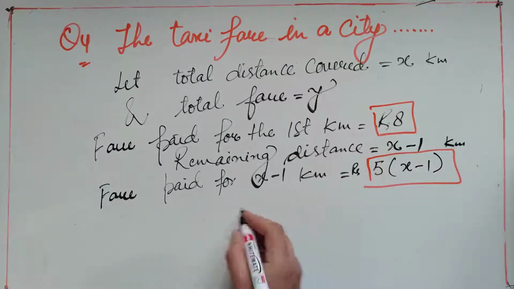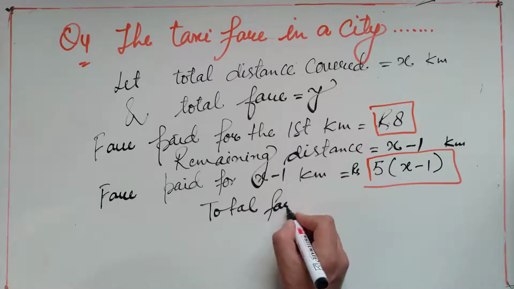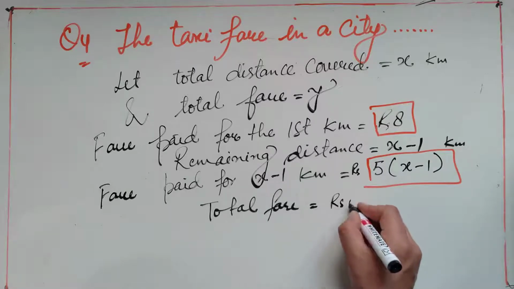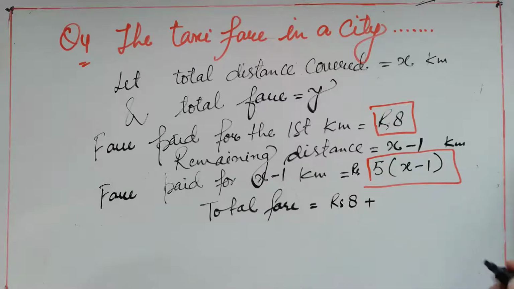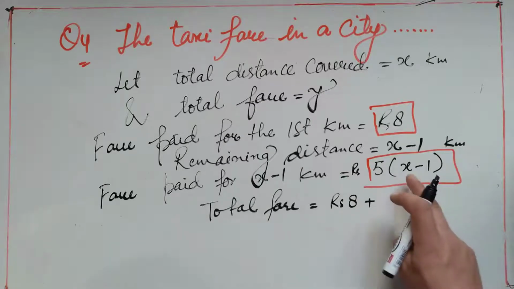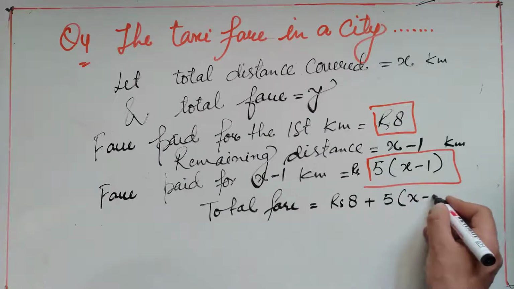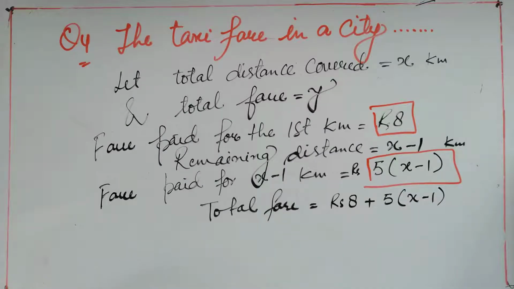We'll write down the total fare we paid is, first we paid rupees 8, then for as many kilometers we traveled we paid rupees 5. Since I traveled for x minus 1, I paid 5 into x minus 1.